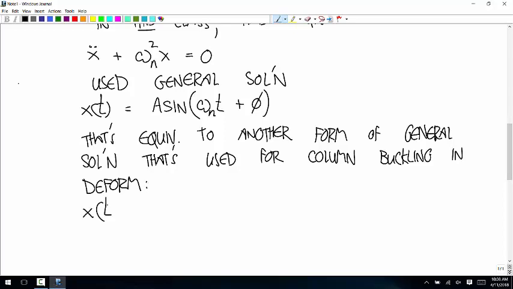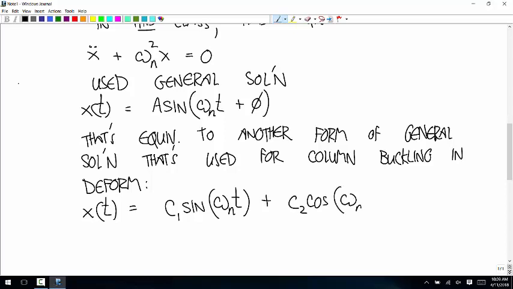And that form is that x is equal to C1 times the sine of omega n t plus C2 times the cosine of omega n t. Those mean totally the same thing. There's a defined relationship between A and C. You could go one way or the other way. It just has to do with which form helps you visualize what's happening better.